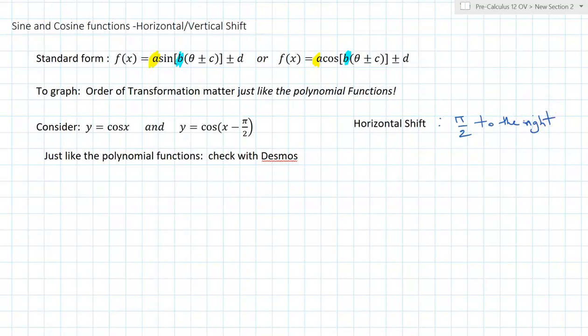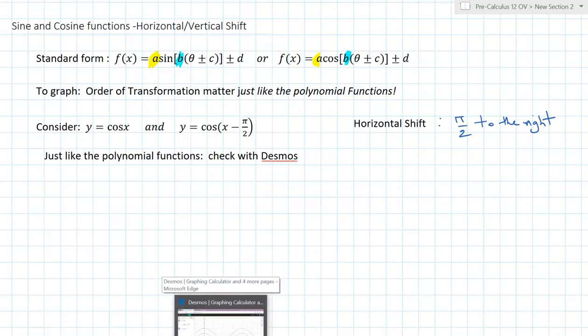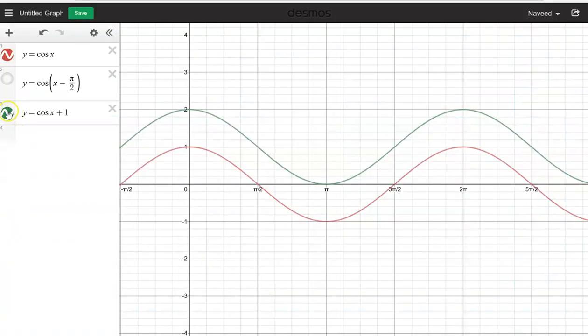Okay, simple as that. Now let's go to Desmos and see what's happening there. So let's look at the original function right now, y equals cos x. This is the original function, and we can look at one period between 0 and 2 pi. Very nice.